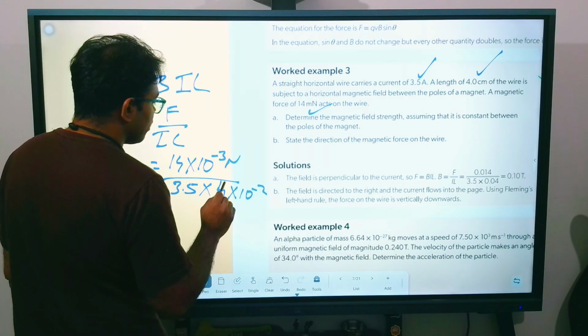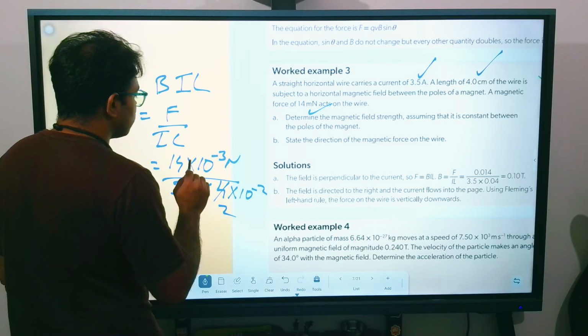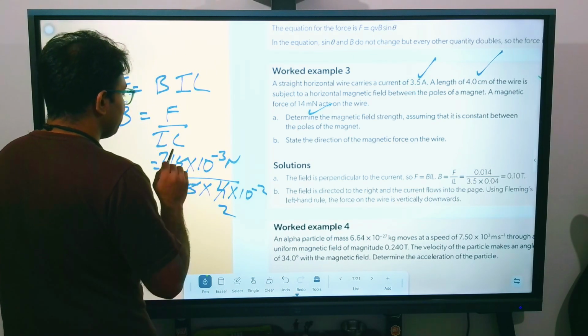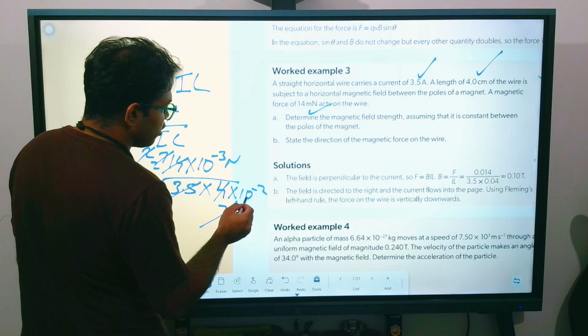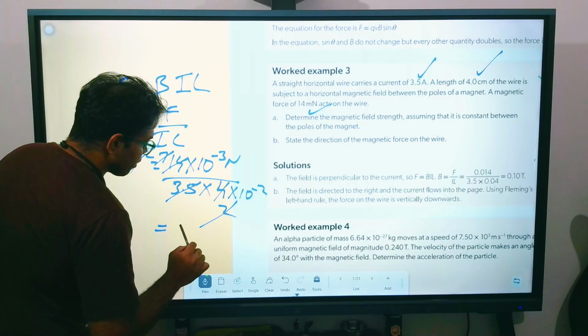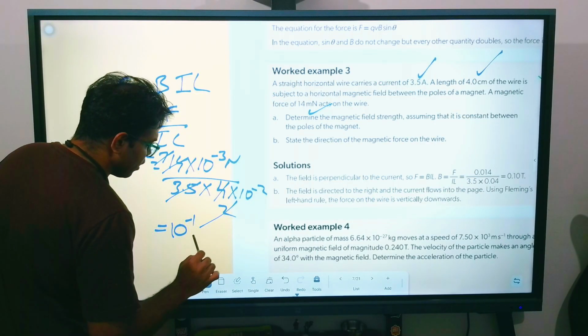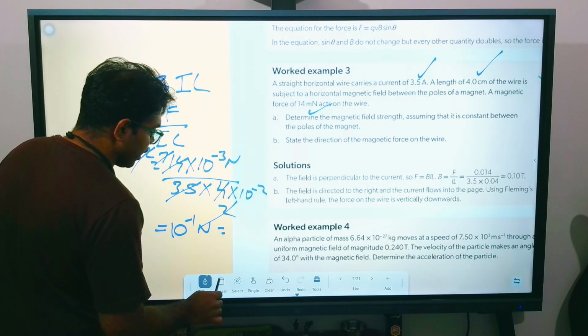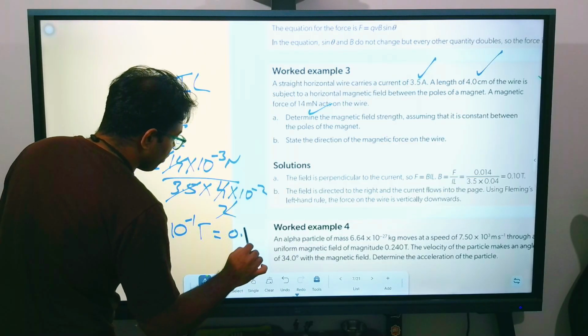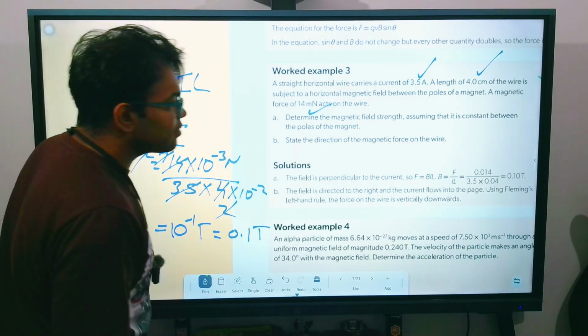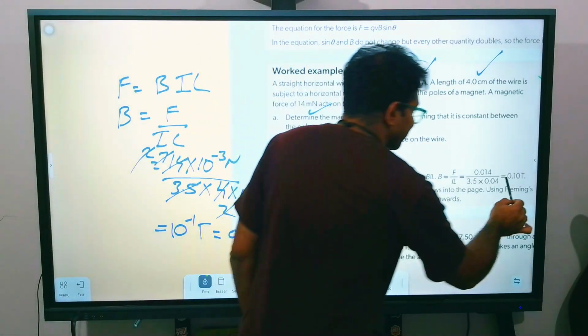Two 2s are 4, two 7s are 14, 3.5 into 2 is 7, and the 2s get cut off. The 10 to the power minus 2, when it goes up, gives 10 to the power of minus 1 tesla, or 0.1 tesla. Is it correct? Yes, 0.1 tesla.